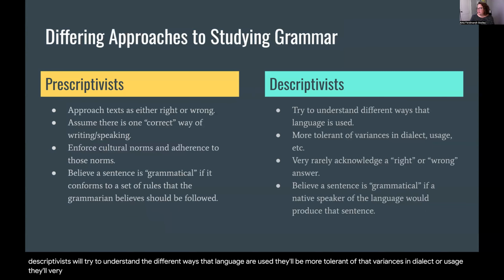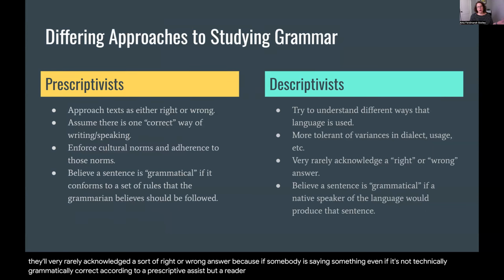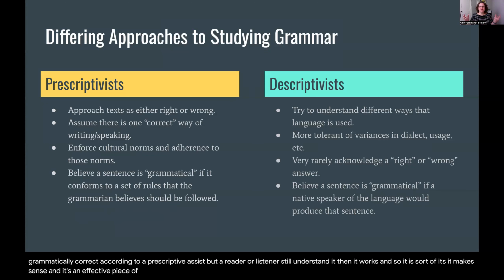They'll very rarely acknowledge a right or wrong answer, because if somebody is saying something, even if it's not technically grammatically correct according to a prescriptivist, but a reader or a listener still understands it, then it works. It makes sense, and it's an effective piece of communication. It's an effective use of language. And so descriptivists are much more focused on the usage of how things work.